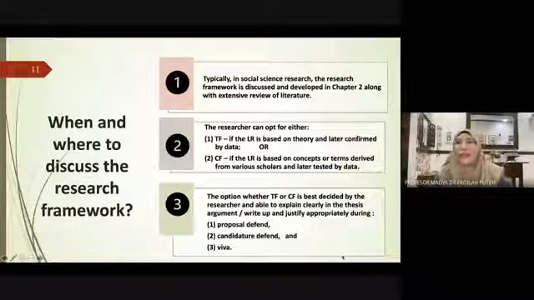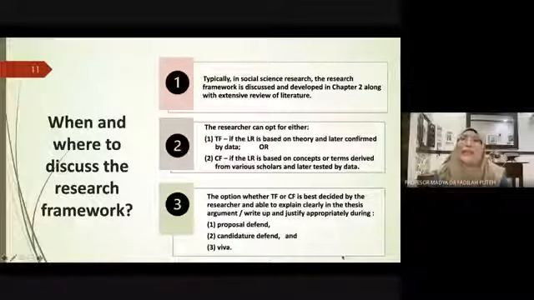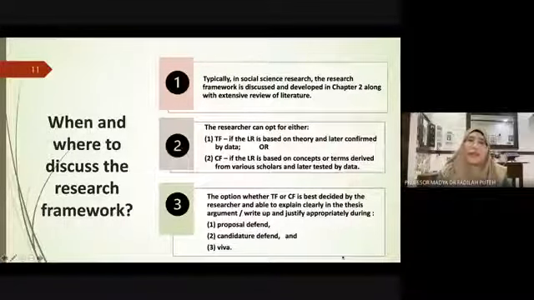Like I said just now, whether to use a theoretical framework or a conceptual framework is based on your decision. So you should know why you are using a theoretical framework, and you should also know why you are using a conceptual framework. But if you decide to use the term research framework, there is nothing wrong with that. It's just that you need to clearly justify it in your study.